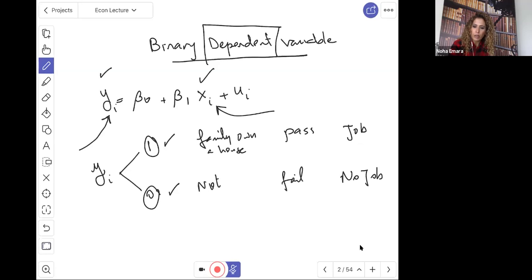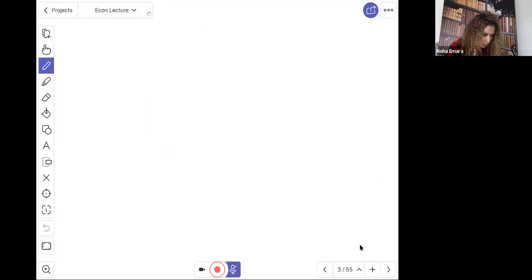So we have dealt already with x being binary, but we haven't covered any topic or any model in which y is binary. So that's why the focus of this topic is on the dependent variable. What about x? X can be binary or not. We really don't care about that, okay? So there are 3 ways to estimate these models, and I'm kind of repeating some information that you guys have already seen in my videos, which I'm intending to do, okay?